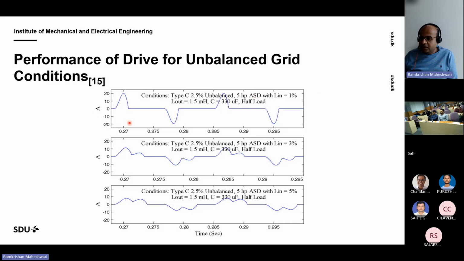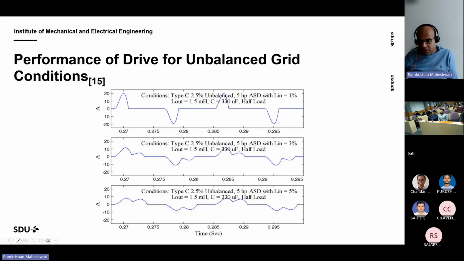So you can see here the grid current is like a single phase. When we have an unbalance, one phase does not conduct at all. Only two phases are conducting, so it's like a single phase system, right? But that happens in the big DC link capacitance case.